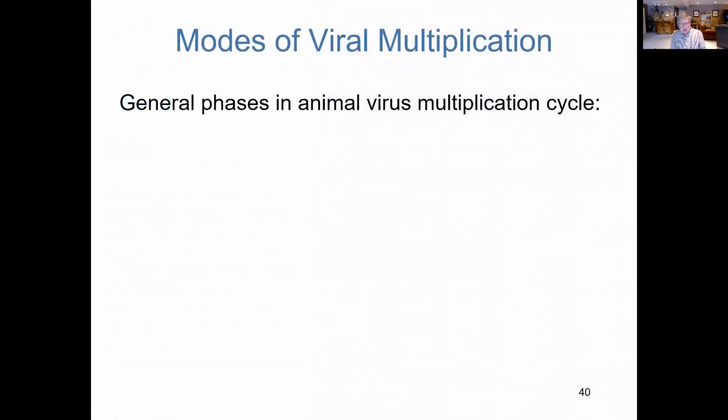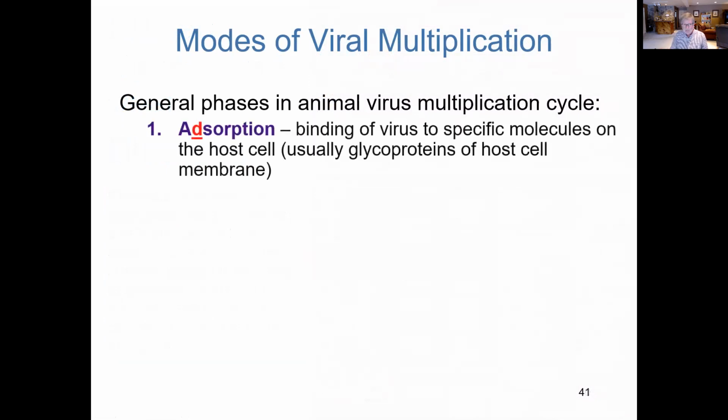So let's talk about how an animal virus, which is going to be an enveloped virus, because most enveloped viruses are animal viruses, makes use of a host cell to complete its life cycle. Well, there are several steps. I think we're going to be talking about 6 different steps. Here's the first, referred to as adsorption.